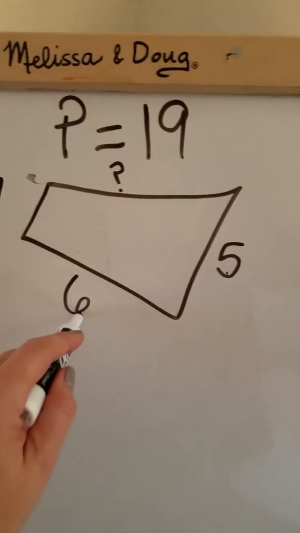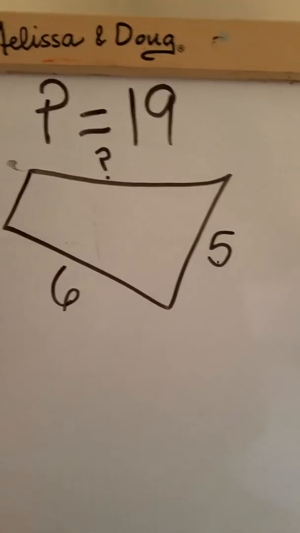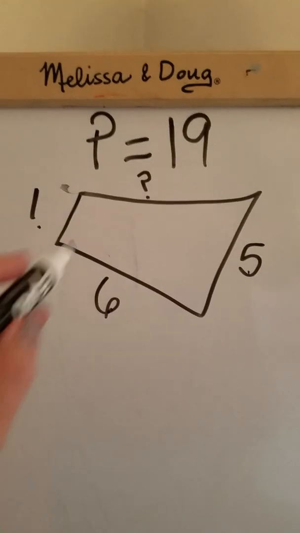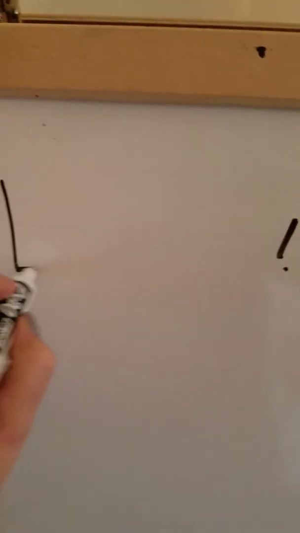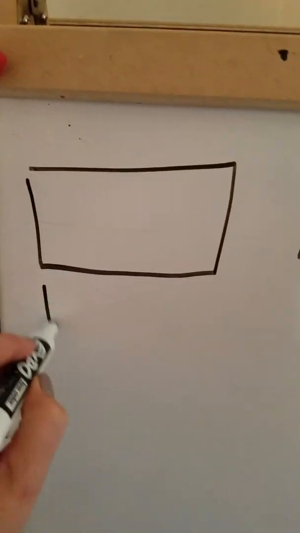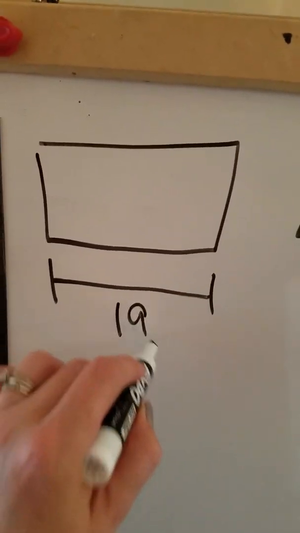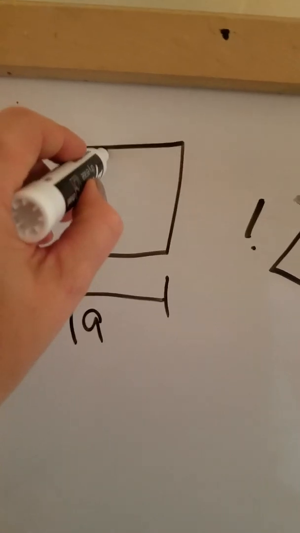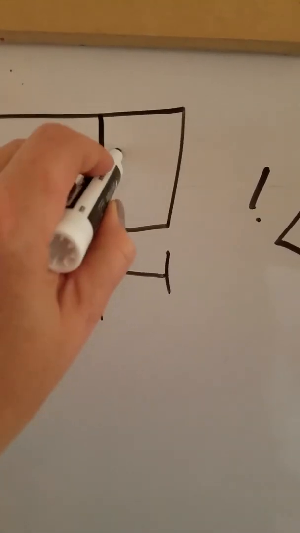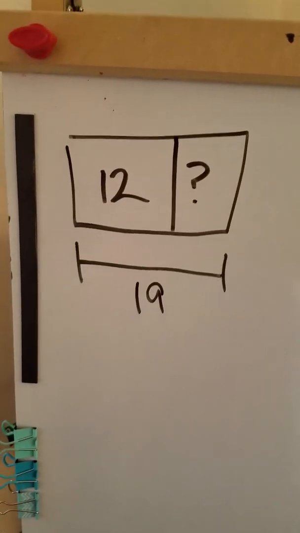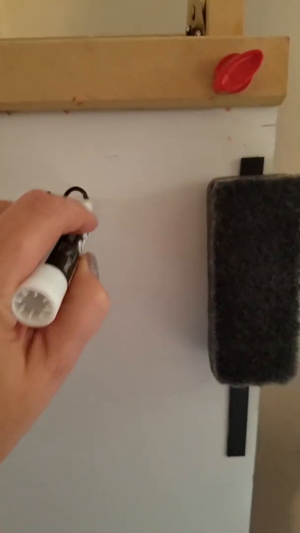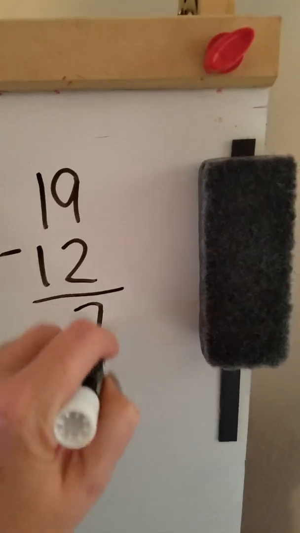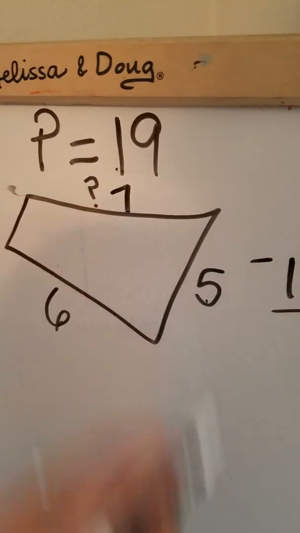So 5 plus 6 is 11, plus 1 is 12, and then subtracting from our total. It's just like when we have a part-part whole, where we know our total is supposed to be 19, and we knew that part of it was 12, we know that we need to subtract because we're looking for this missing piece. So 19 minus 12, of course, is 7. So this side length would be 7.